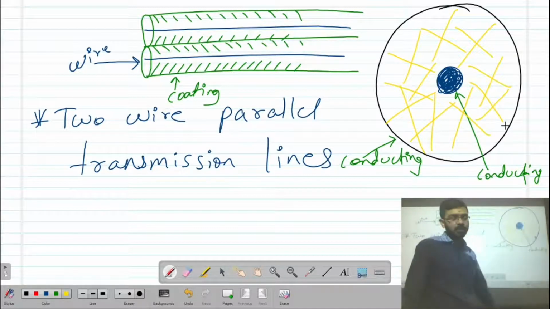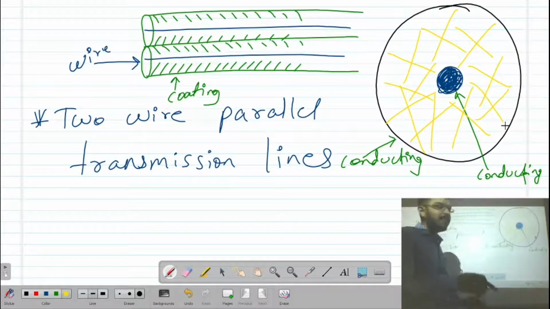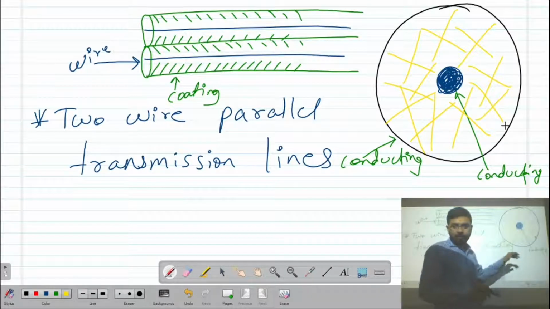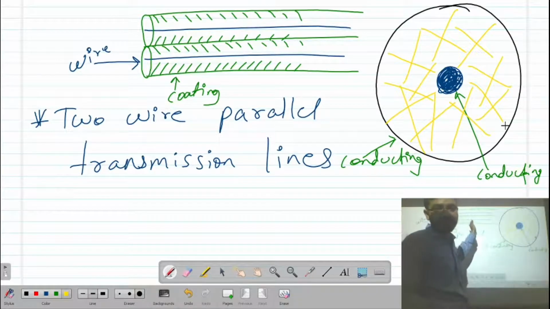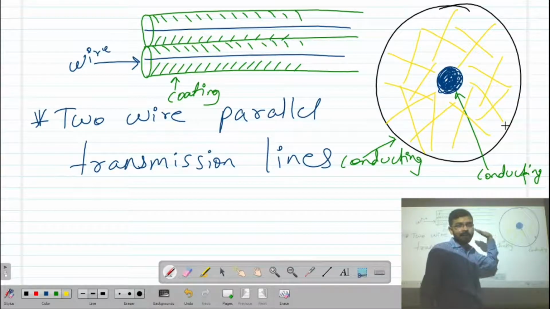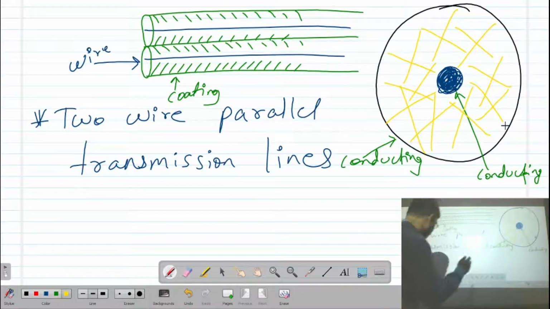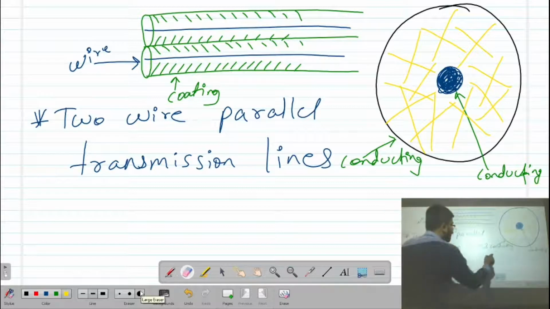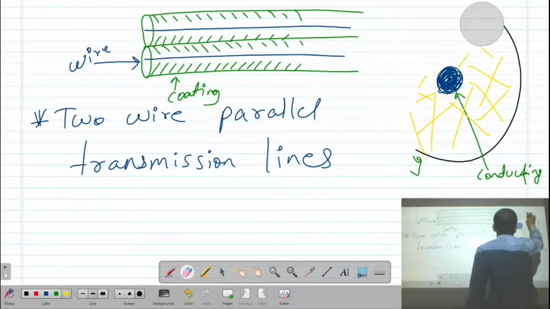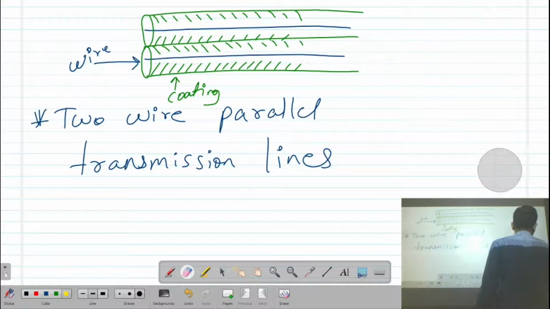So this kind is used in our televisions. We will not discuss this right now. We will focus more on two-wire transmission lines within our syllabus. This coaxial is just for our information.